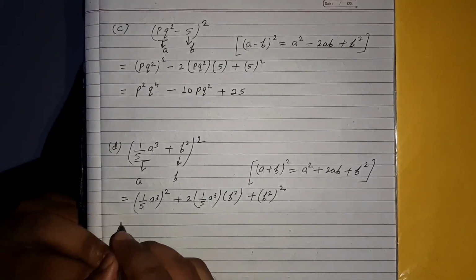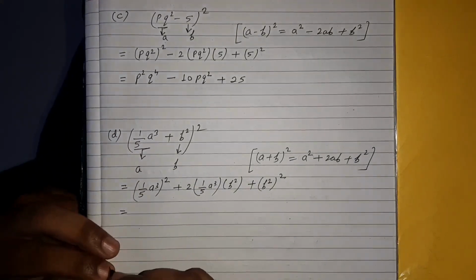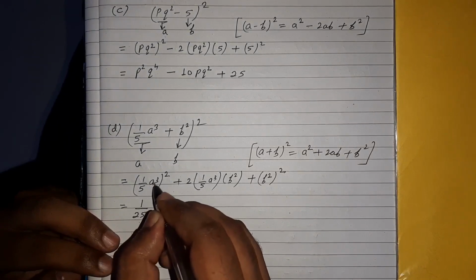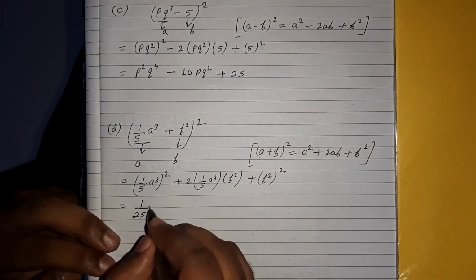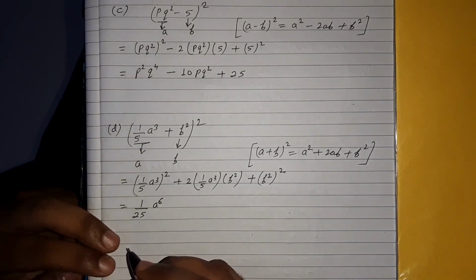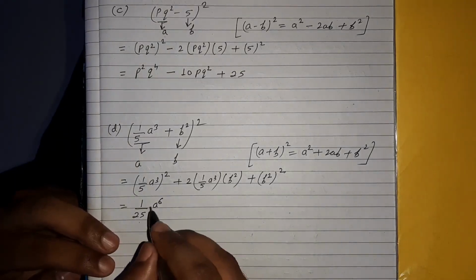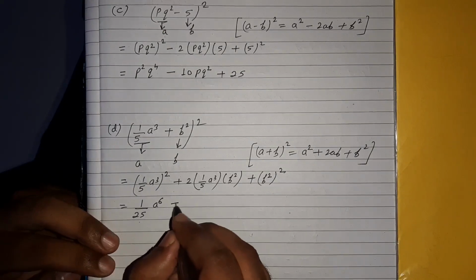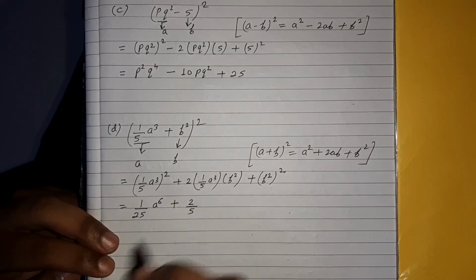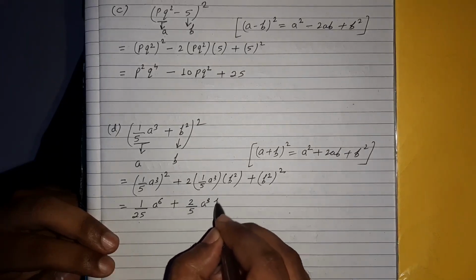Here we will simplify. 1 square is 1, 5 square is 25, and a cube square: 3 2s are 6, because we know that a power over a power is always multiplication. So it will be 1 by 25 a raised to power 6, and here 2 multiplied by 1 is 2, so it will be 2 by 5 a cube b square.